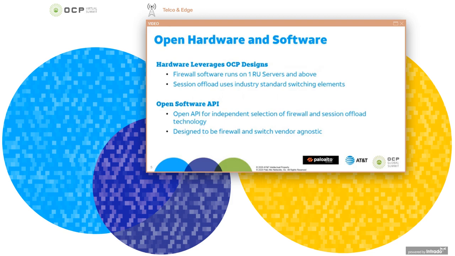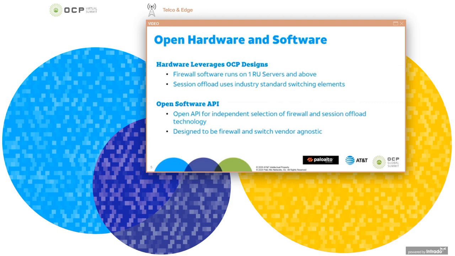As I mentioned, the intent is to leverage existing OCP designs, so servers of 1 rack unit and above, and session offload is based on the capabilities of existing switch chips in the marketplace, Broadcom Jericho 2 being the initial target, but certainly there are other switch chips that could fulfill the role as well.